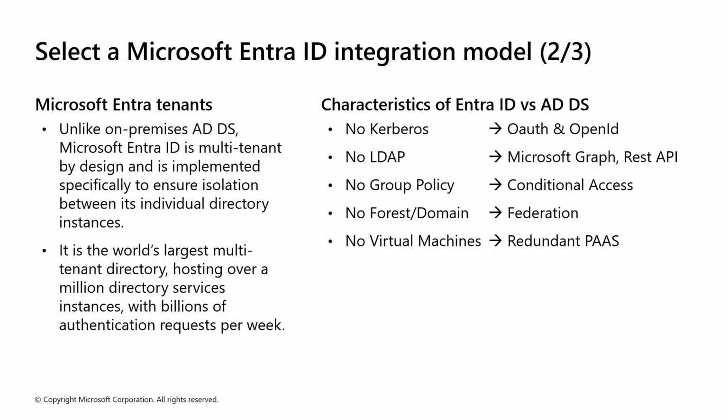Unlike ADDS, Entra ID doesn't use Kerberos or LDAP, but instead relies on OAuth, OpenID, and the REST APIs. There are no organizational units or group policy objects. Instead, you use conditional access and federation.